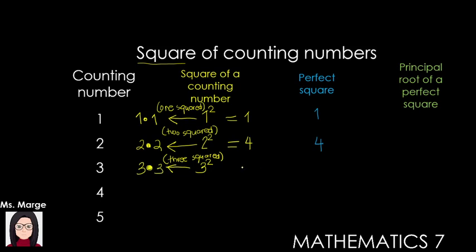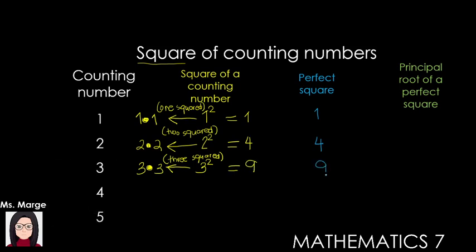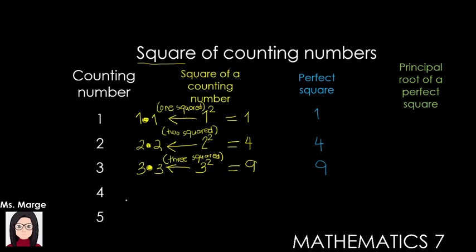Hindi po yan decimal, multiplication yan. Kaya medyo kailangan yung ating dot is medyo emphasized. And that will be 9. At ang 9 ay perfect square number. Dinidiscuss ko rito is perfect square numbers. And later on, makikita nyo kung anong relationship nito sa irrational numbers, kung irrational numbers nga ba ito.